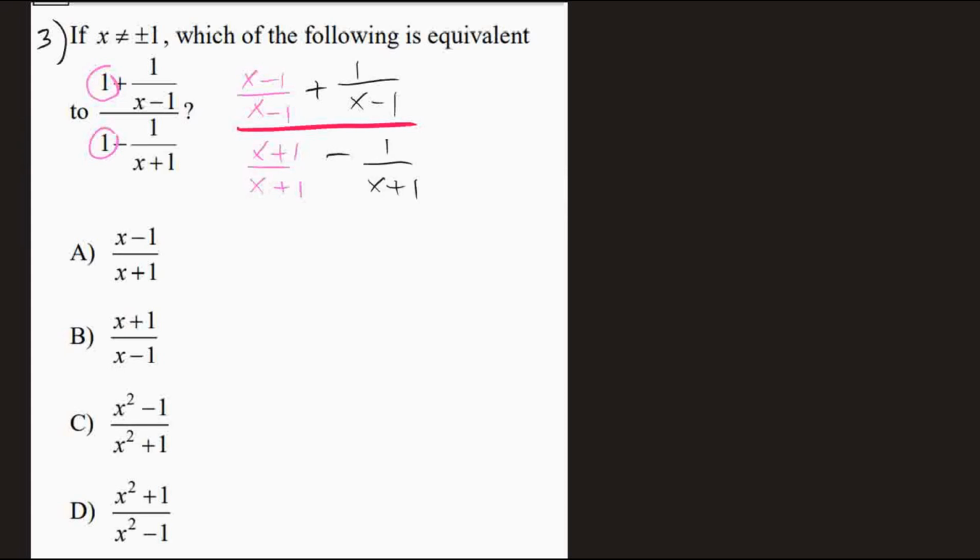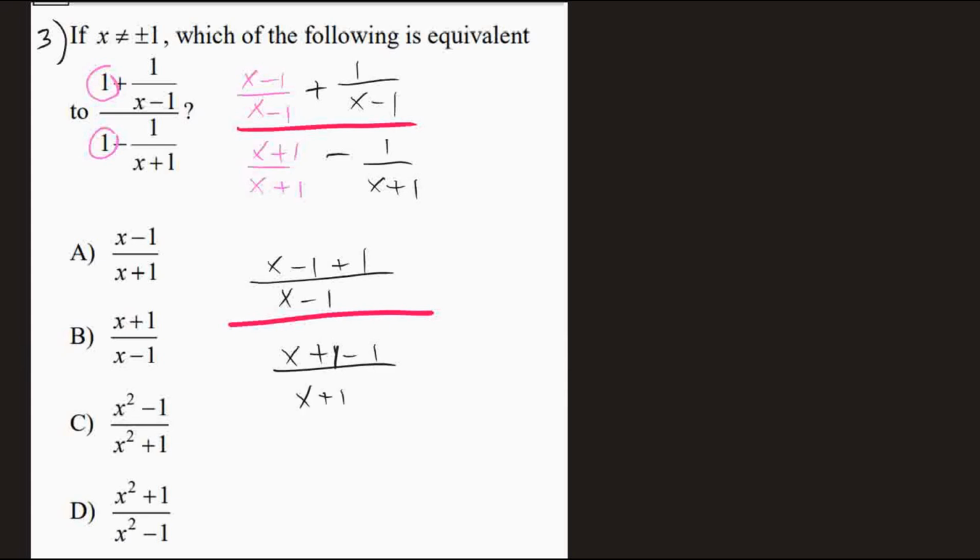Now we can combine the denominator. So now this one is x minus 1 over x minus 1 plus 1 over x plus 1 minus 1 over x plus 1.